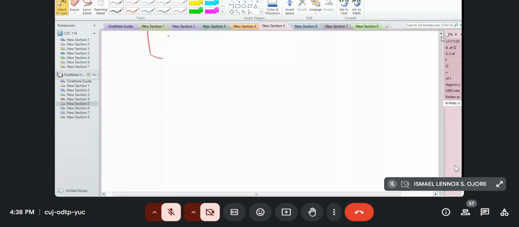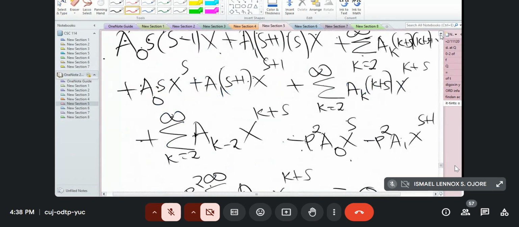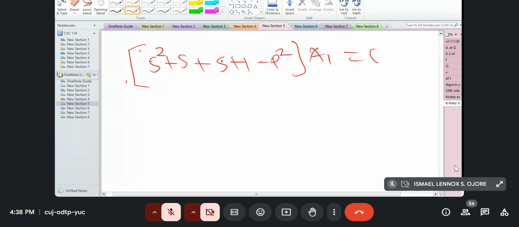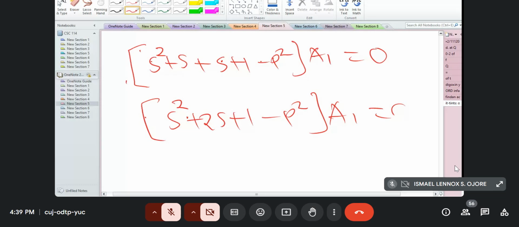If you distribute the s in the first part, s times s plus 1 is s squared plus s, right? Plus s plus 1 minus p squared, times a1 equals 0. So you have s squared plus 2s plus 1 minus p squared times a1 equals 0.